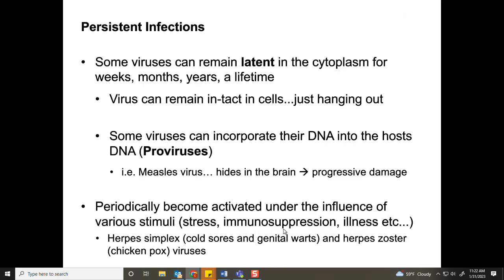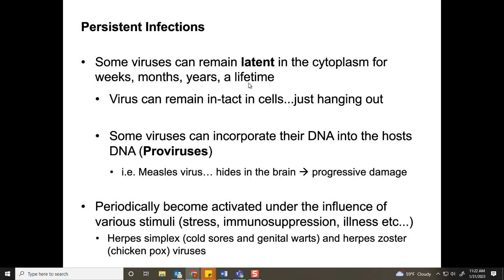Okay, so moving forward, some viruses are persistent. Comparatively, some viruses are not. So with certain viruses, let's say the stomach bug is typically caused by a virus, and it'll pass, and it won't come back unless you come in contact with it again. On the other hand, some viruses can remain what we call latent.